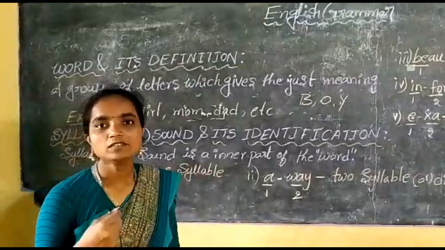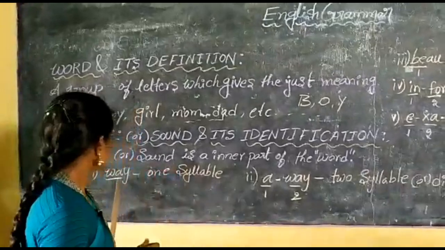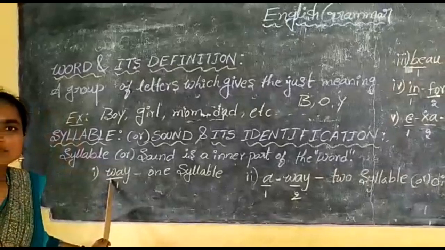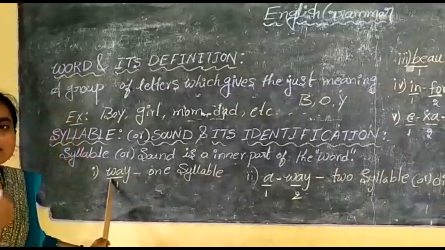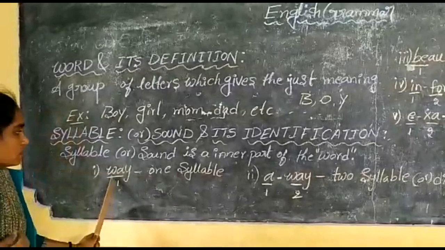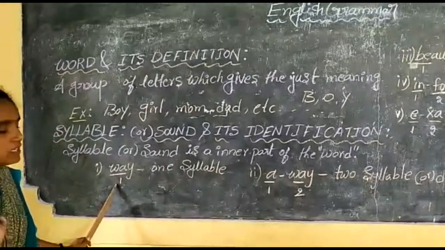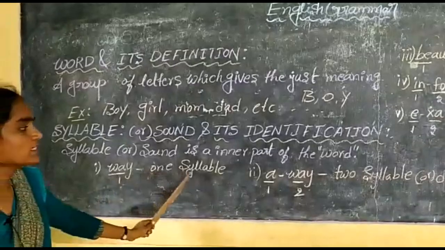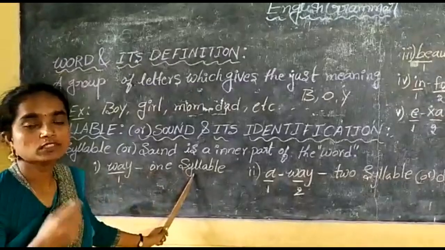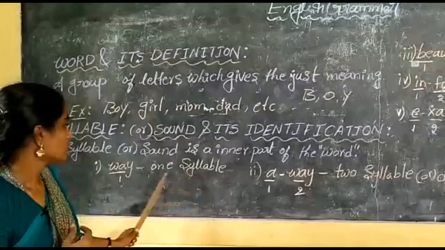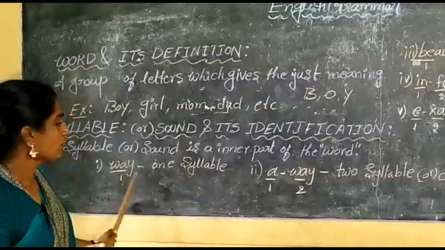For example, way. How to speak this word? What is the sound, the inner part? Way. Only one sound is coming. So way is one syllable. That is, the sounding of the inner part is the syllable. So way is one sound, one syllable.